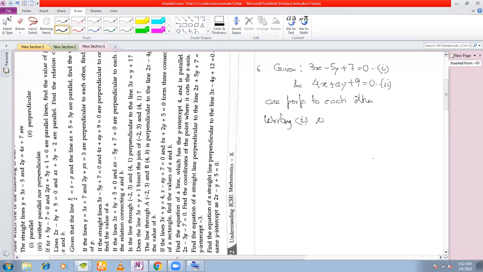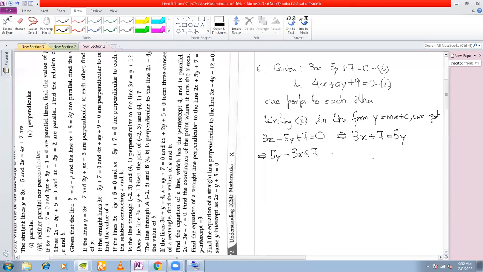So writing 1 in the form y is equal to mx plus c, we have 3x minus 5y plus 7 is equal to 0. You get 3x plus 7 is equal to 5y, that means 5y is equal to 3x plus 7.